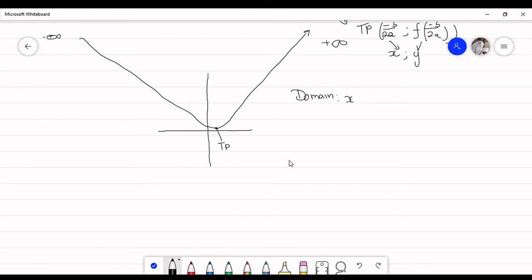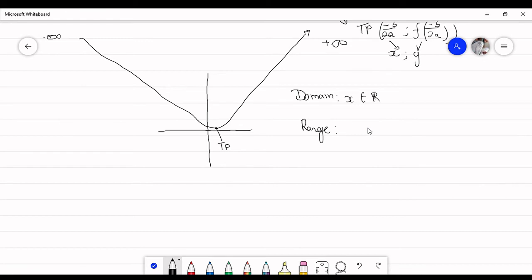So now we say that our domain is x, an element of all real numbers, and the range is the restriction of y.